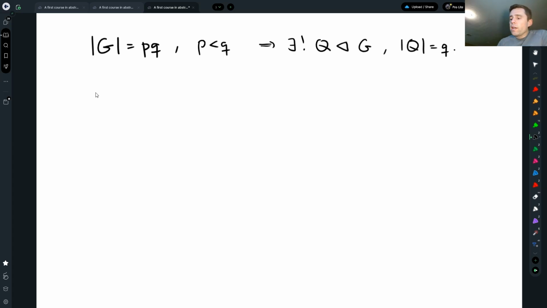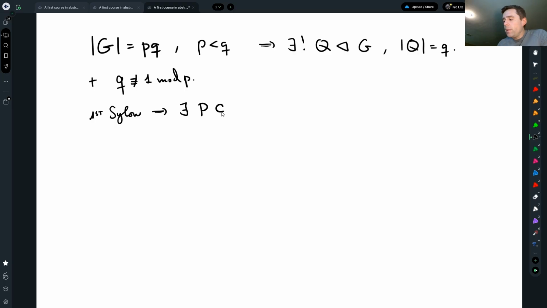And now let's also assume that Q is not 1 mod P, and let's look at the P-Sylow subgroups. Again, the first Sylow theorem tells me that there is a P-Sylow subgroup of order P.